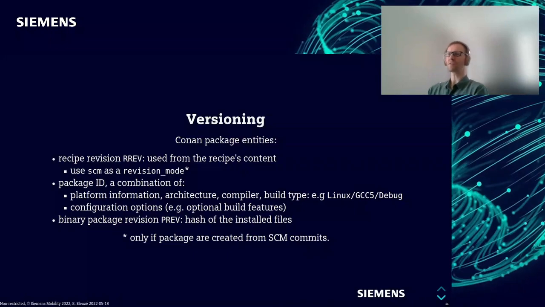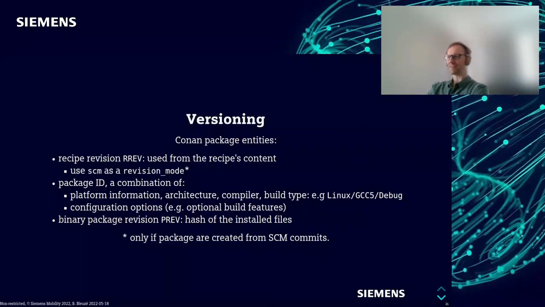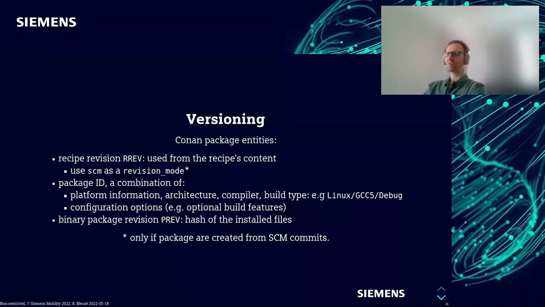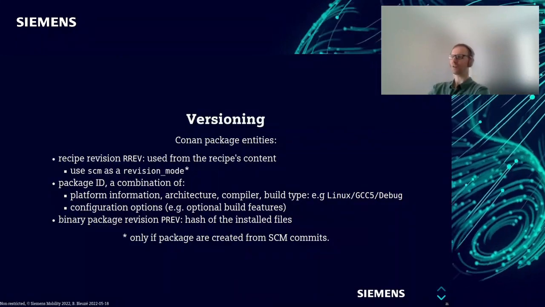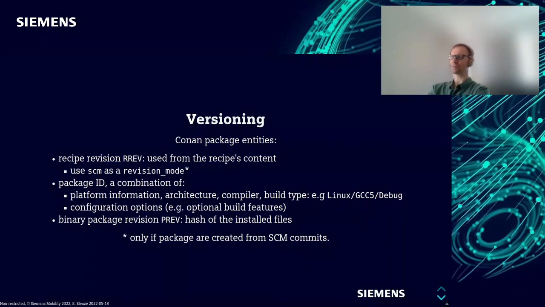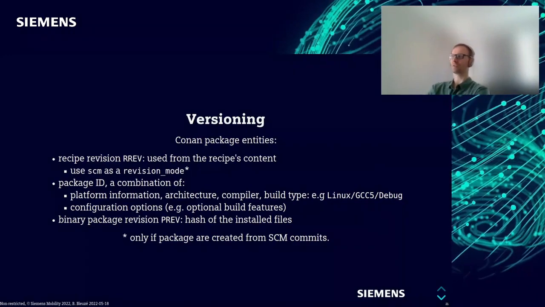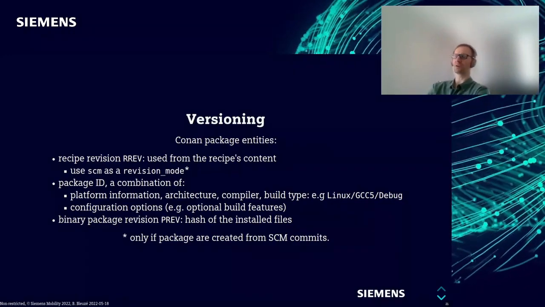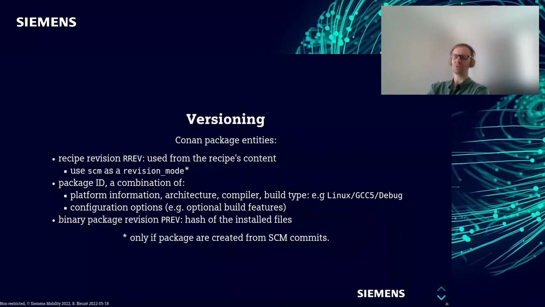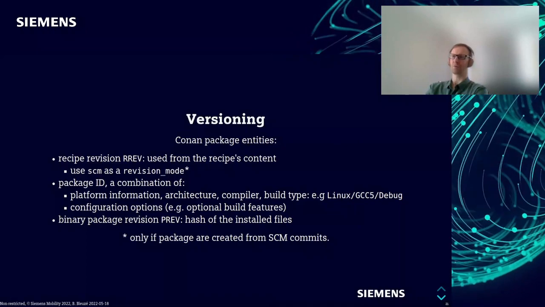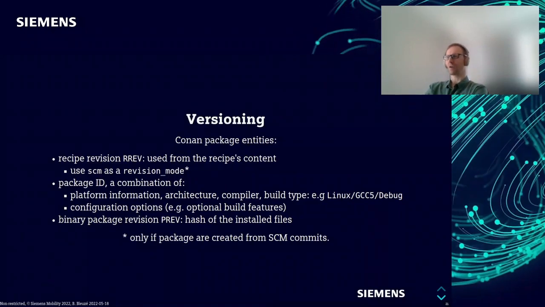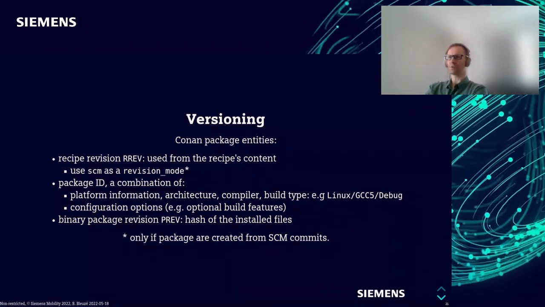Then there is something called the package ID, and that is not obvious at first. It's a combination of, let's say, platform information, architecture, compiler, build type. So something like Linux, GCC5, debug. It tells you what is used to build the recipe revision, right? It also is combined with configuration options.